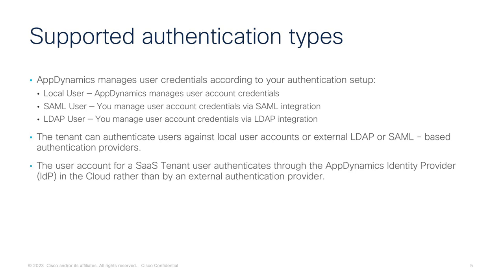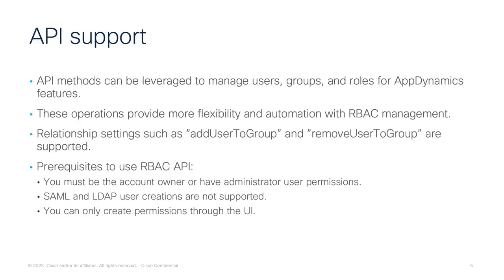The tenant can authenticate users against local user accounts or external LDAP or SAML-based authentication providers. The user account for a SaaS tenant user authenticates through the AppDynamics identity provider in the cloud rather than by an external authentication provider.